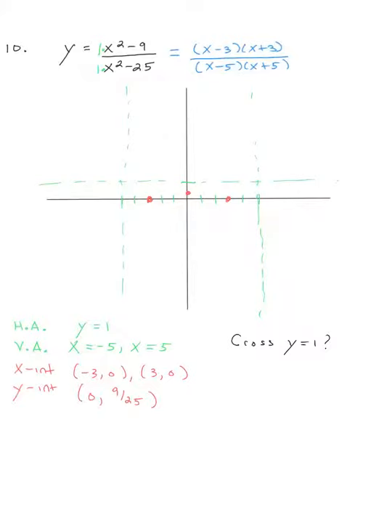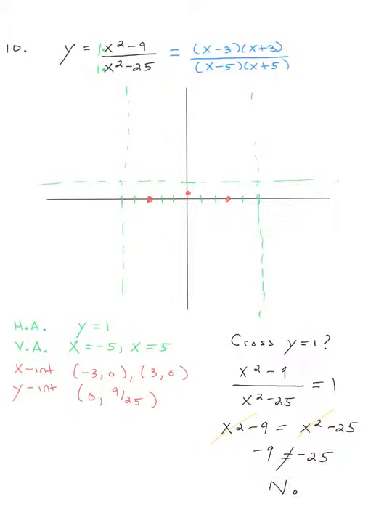I think the answer is going to be no, but let's just double check. When is x squared minus 9 divided by x squared minus 25 equal to 1? If I cross multiply, I get x squared minus 9 is equal to x squared minus 25. This simplifies even easier than the last one. The x squareds cancel, and I get negative 9 is equal to negative 25, a false statement. So this does not at any point cross over y is equal to 1.